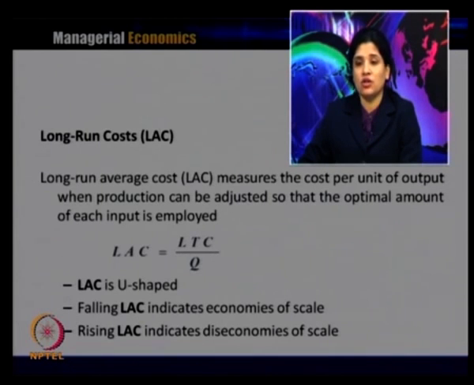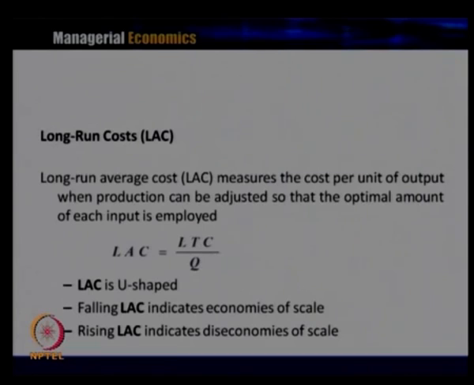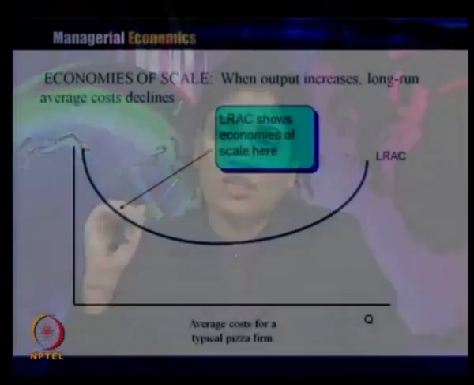A decreasing long run average cost curve indicates economies of scale, and an increasing long run average cost curve indicates diseconomies of scale. We will discuss economies of scale and diseconomies of scale at a later point in time, specifically the different types of each, how economies of scale lead to a decrease in the cost of production, and how diseconomies of scale lead to an increase.